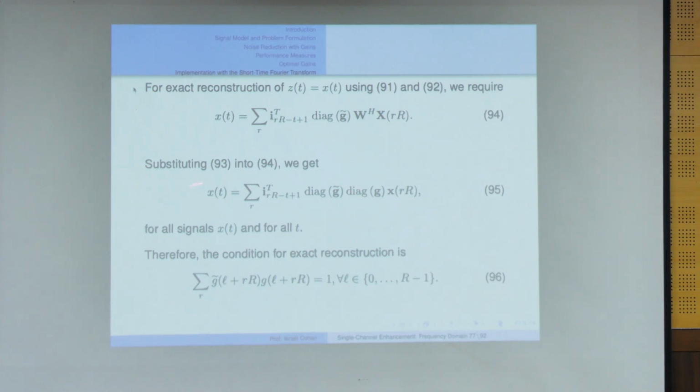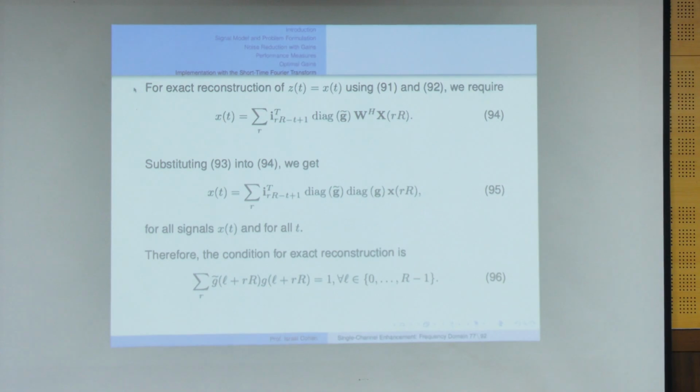So if we require that this is satisfied for any time signals x, this should be satisfied. This is called the exact reconstruction condition.